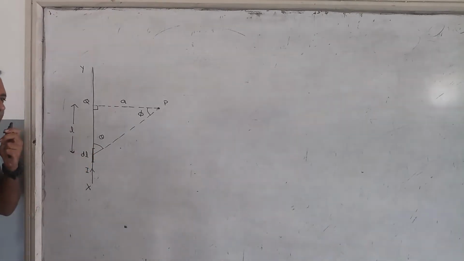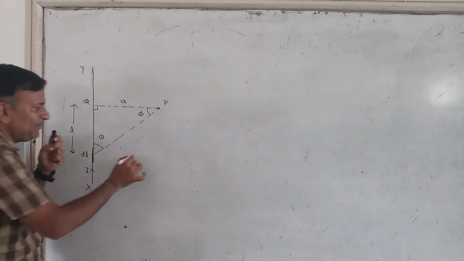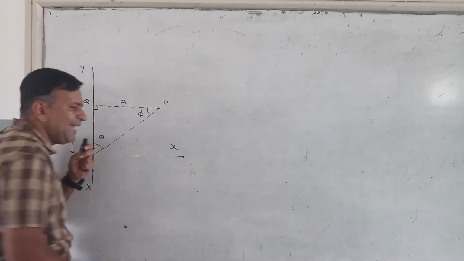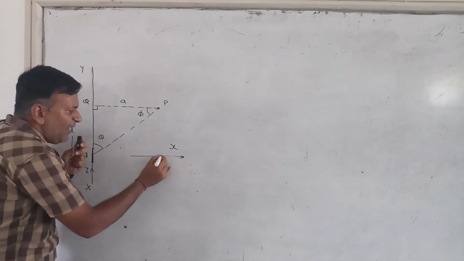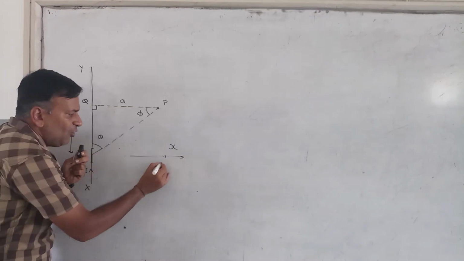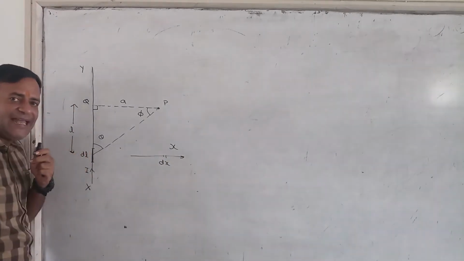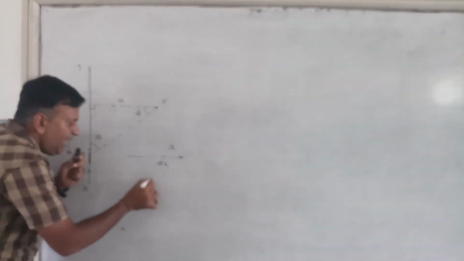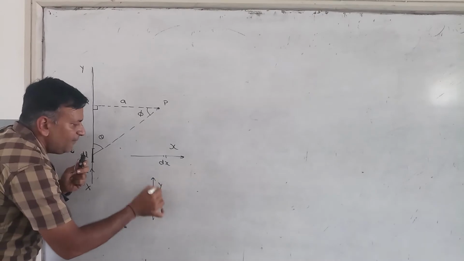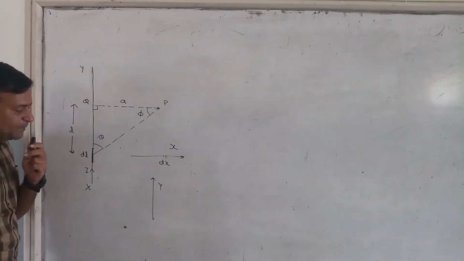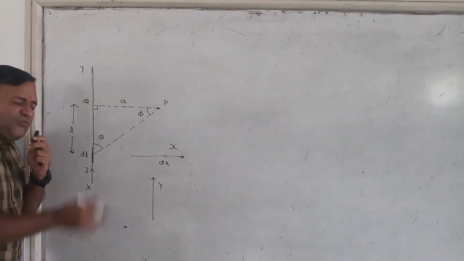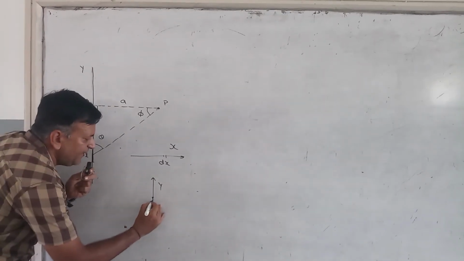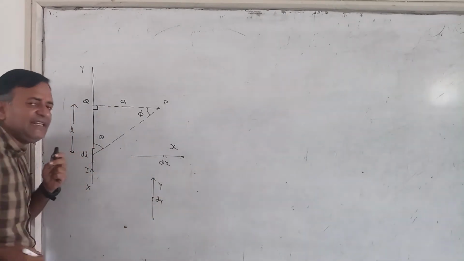Remember a rule: if you are taking a certain length as x, and in the same direction you choose a small length, then you must write it as dx. If you are writing the length y, a big length y, and you select a small element on it, then you must write it as dy.